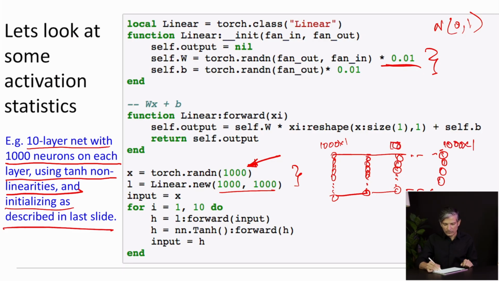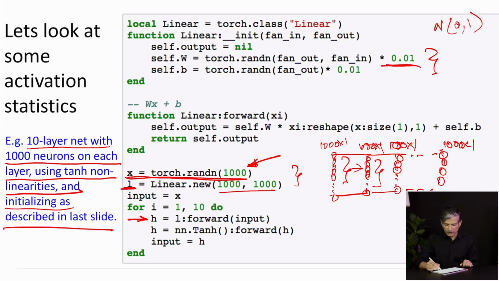Now we want to take our random Gaussian distributed input, and we have our linear layer, and we basically get the hidden output. So we get the output of this layer, and then we put it as input to the next layer.